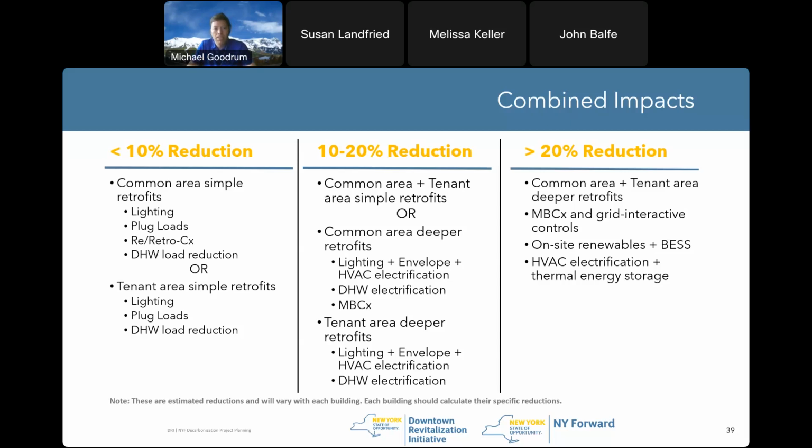Or if you start looking at some of the bigger retrofits, like some of the HVAC equipment in a common area or in tenant areas, you can start to move the needle more and be in that 10 to 20% range. And then if you want to really make a big impact, starting to combine it all together, and even adding in things like the renewables and energy storage that we've talked about, you're starting to get big reductions beyond 20% of the energy use that you either have or would have if it was a new building, comparing between that and what it would have been built otherwise.